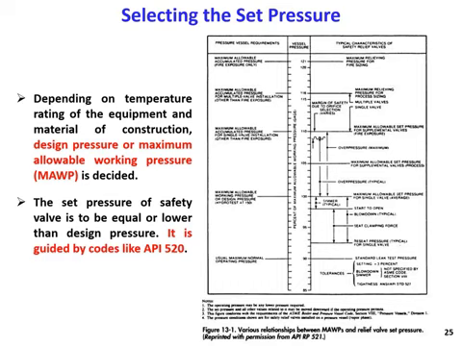How do we design such a pressure system? There are some standards. We select, design, and choose these valves based on MAWP. What is MAWP? Maximum allowable working pressure of the process equipment. Let's say we have our reactor here.